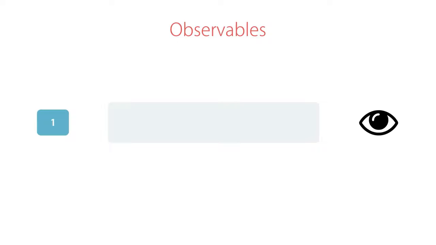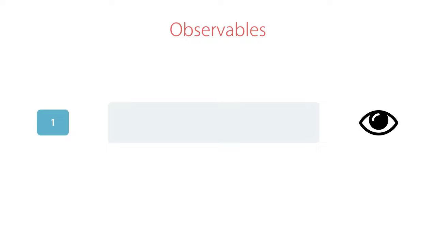In the section about consuming HTTP services, we simply subscribe to an observable to get the response from the server. In that particular case, we had only one item or one object in our observable. That was the response from the server. But we can use observables to model streams of asynchronous data.